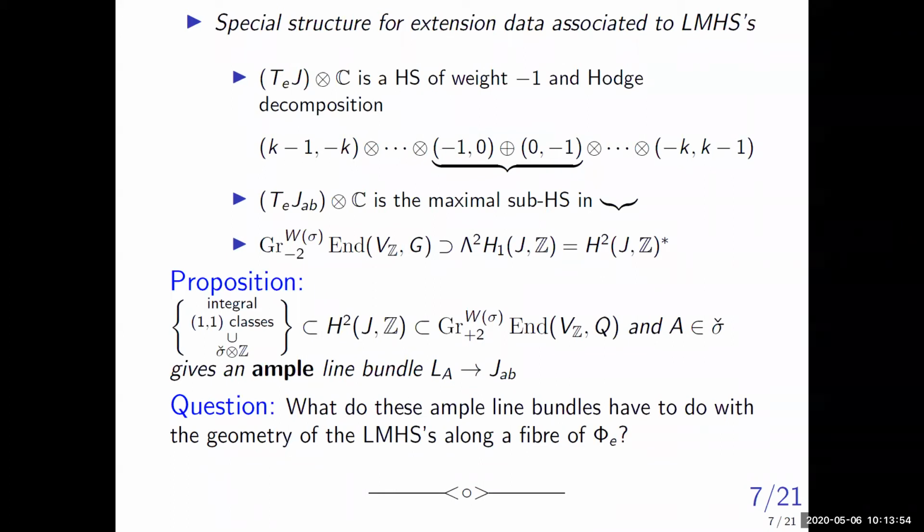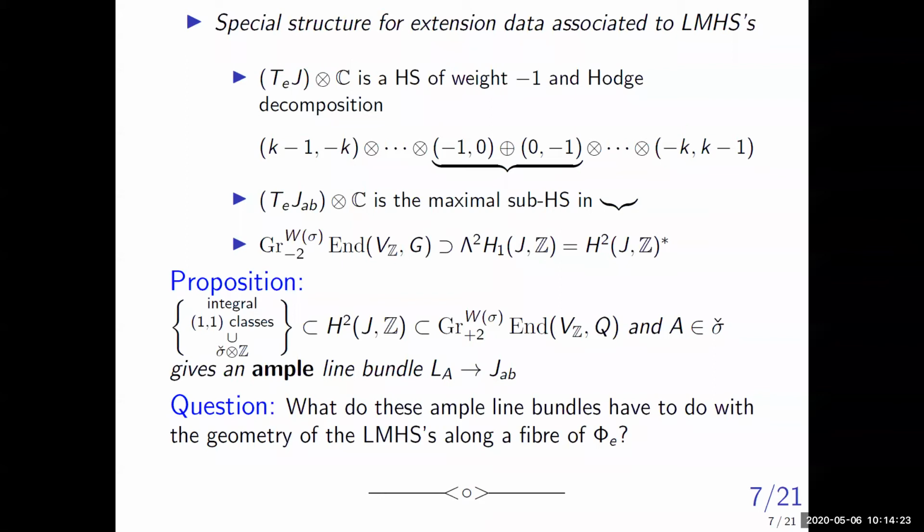The special structure for the extension data associated to limiting mixed Hodge structures: the real tangent space of the level 1 J, so that's a complex manifold. You take its real tangent space, tensor with C, and it splits into conjugate subspaces. In fact, it has a Hodge decomposition.